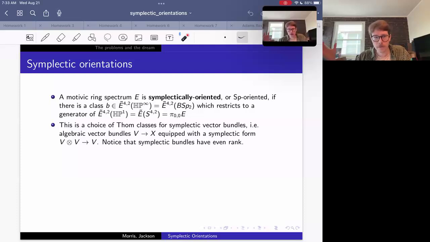I want to have a Thom class for these bundles because this is exactly what an orientation should be giving me. And the existence of some type of symplectic form automatically implies that symplectic bundles all have even rank. So when I say symplectic line bundle, I actually mean something that has rank 2. It's not rank 1.